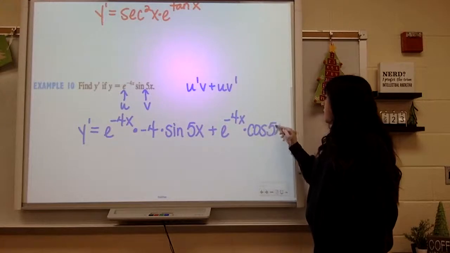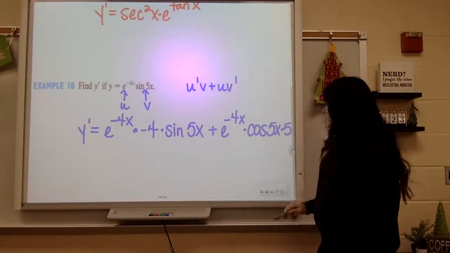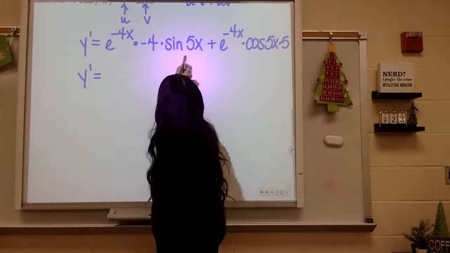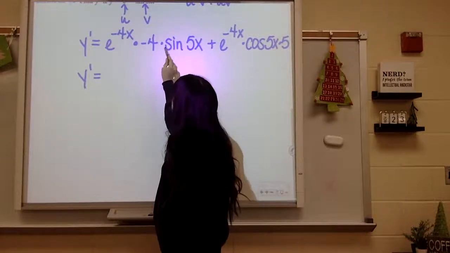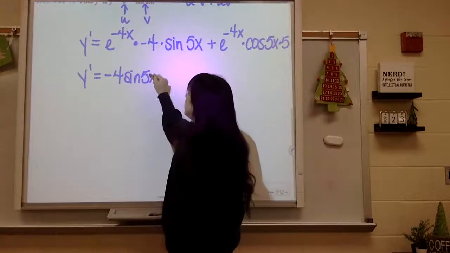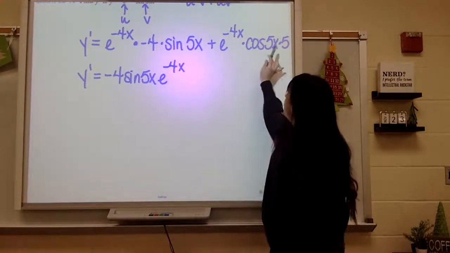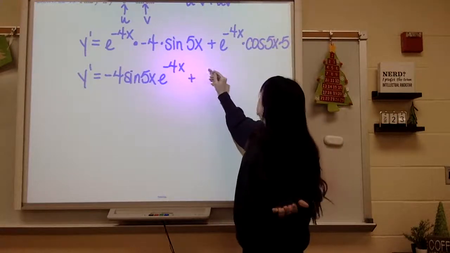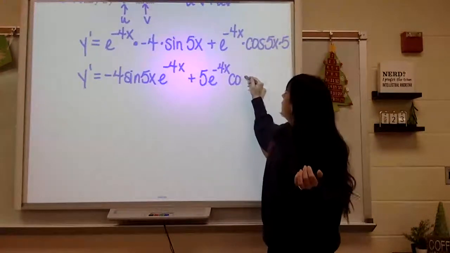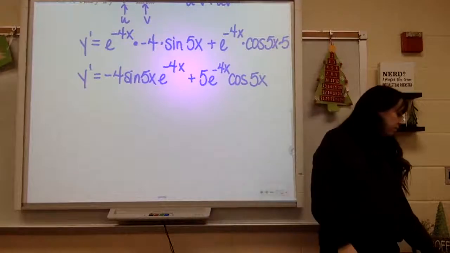So that would be cos of 5x times the derivative of baby, which is 5. Let's clean this up a bit. In this first section, I can just move the negative 4, maybe also the sine, to the front. In this back section, again, just move the 5 to the front so that cos of 5x is at the end. That's about all you can do.